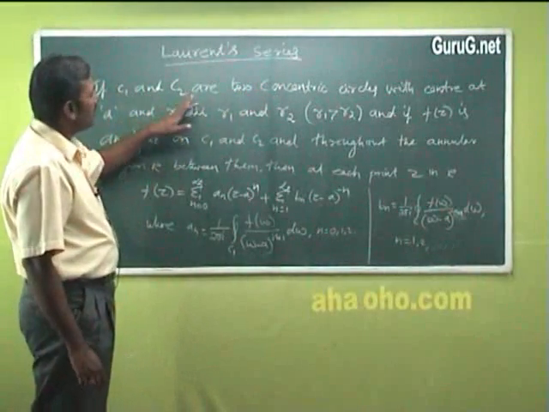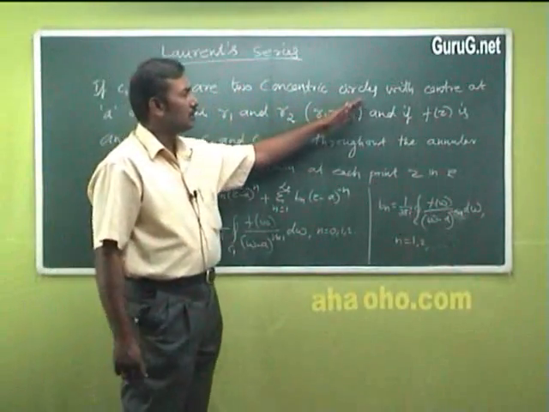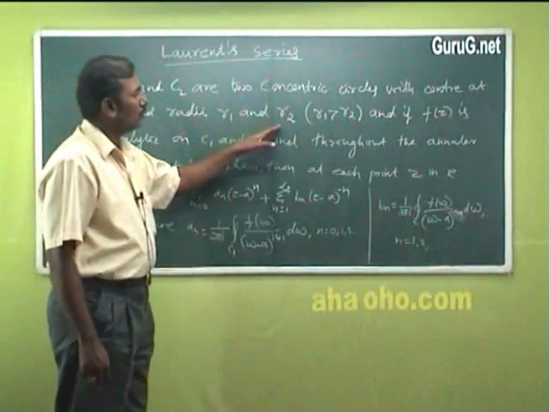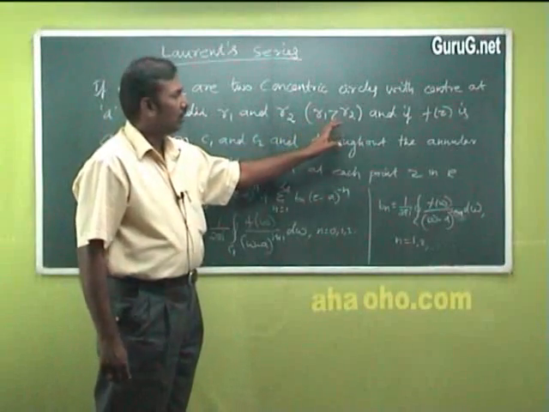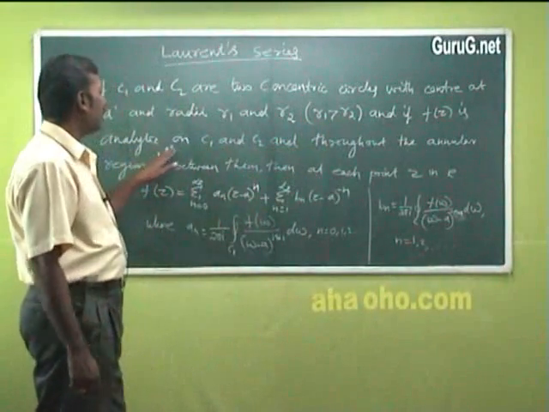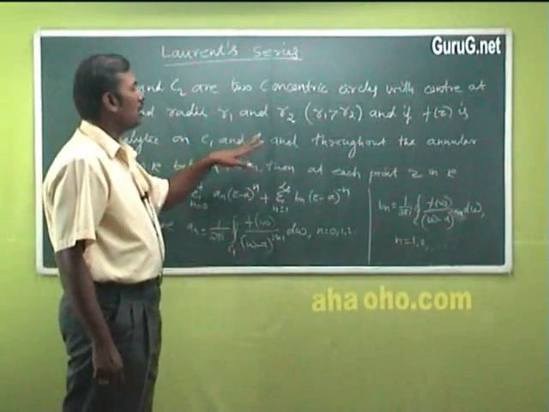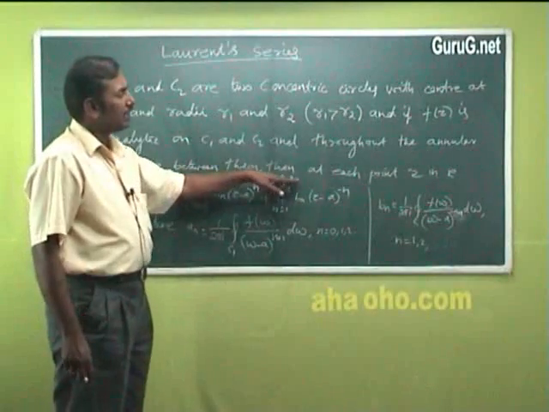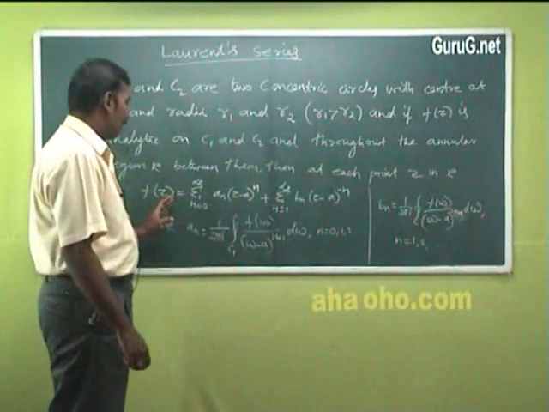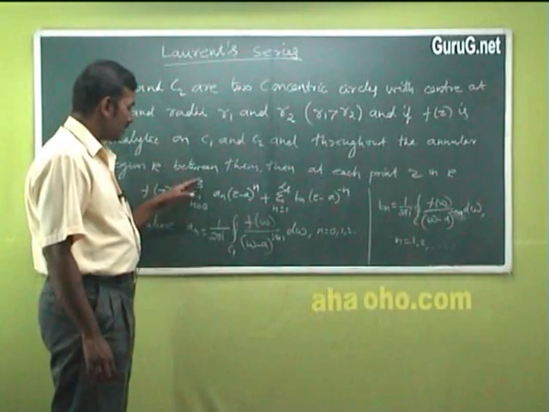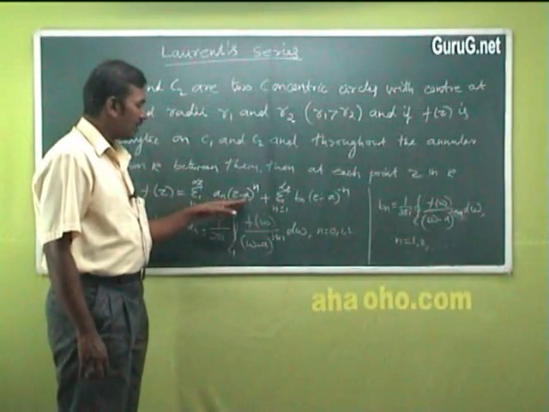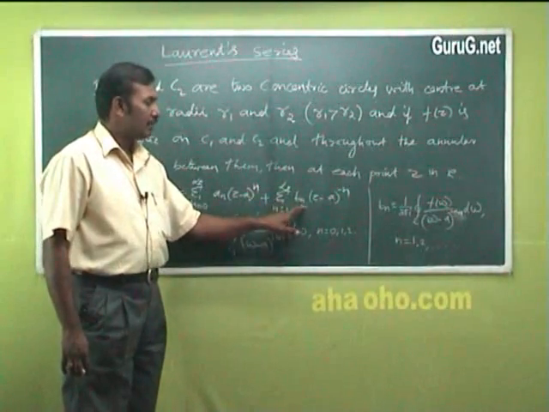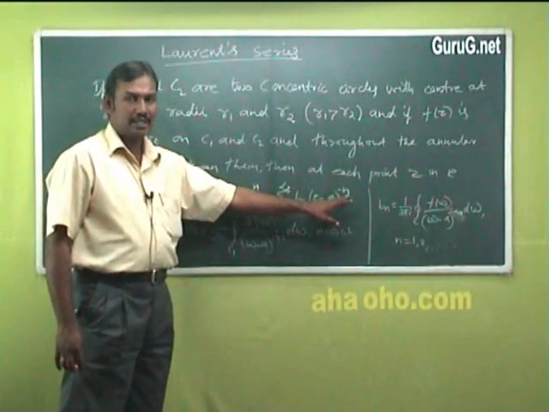Suppose C1 and C2 are two concentric circles with center at a and radii R1 and R2, where R1 is greater than R2, and if f of z is analytic on C1 and C2 and throughout the annular region R between them, then at each point z in R, f of z equals sigma n varies from 0 to infinity a n into z minus a whole to the power n plus sigma n varies from 1 to infinity b n into z minus a whole to the power minus n.